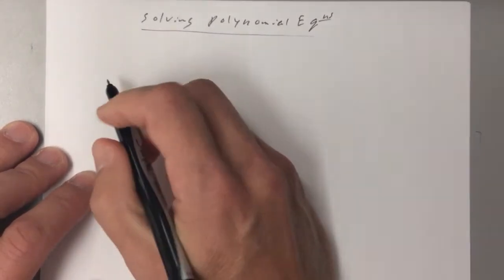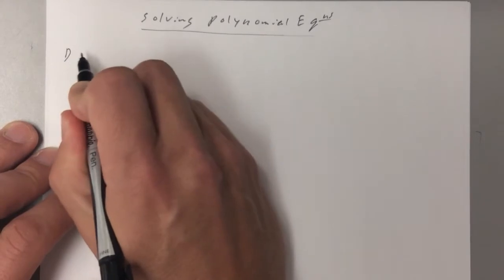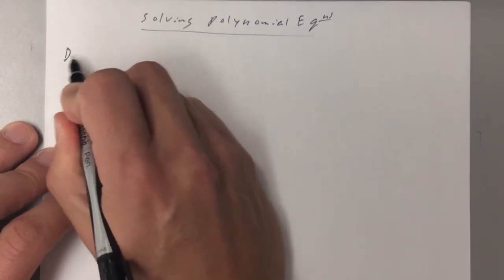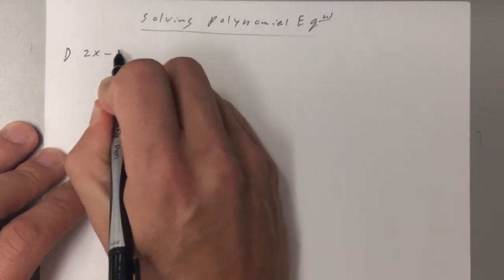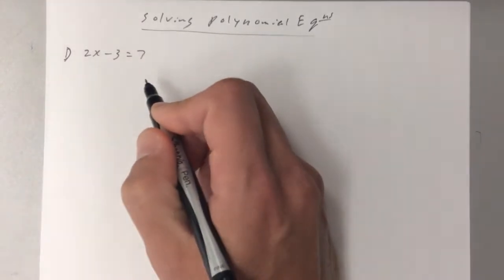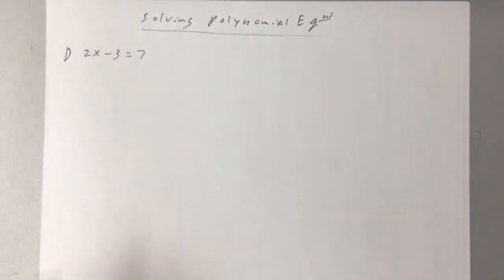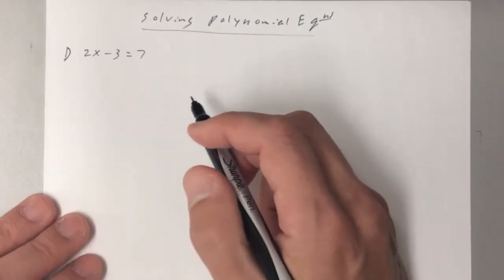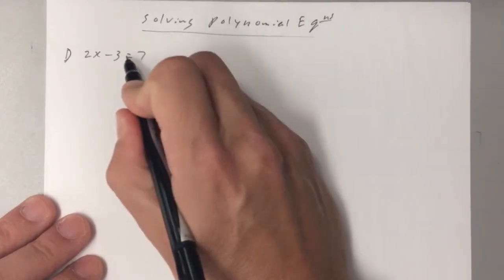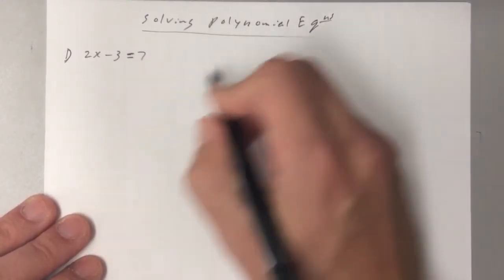Okay. So first we're going to look at an example here where we've got, say, 2x minus 3 equals 7. All right, so if we want to solve this, we can do it a couple ways. One way, the way you do this in grade 9 and 10, is add 3 to both sides.